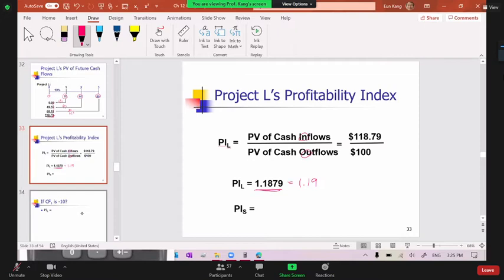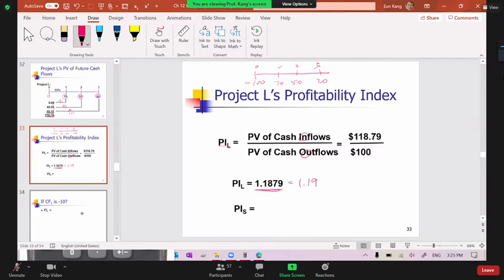We have project S: minus 100, then years 1, 2, 3, which are 70, 50, 20, right? 70, 50, 20. So what is PI of S? Okay, for fun, I have the answer here. What is PI of S?